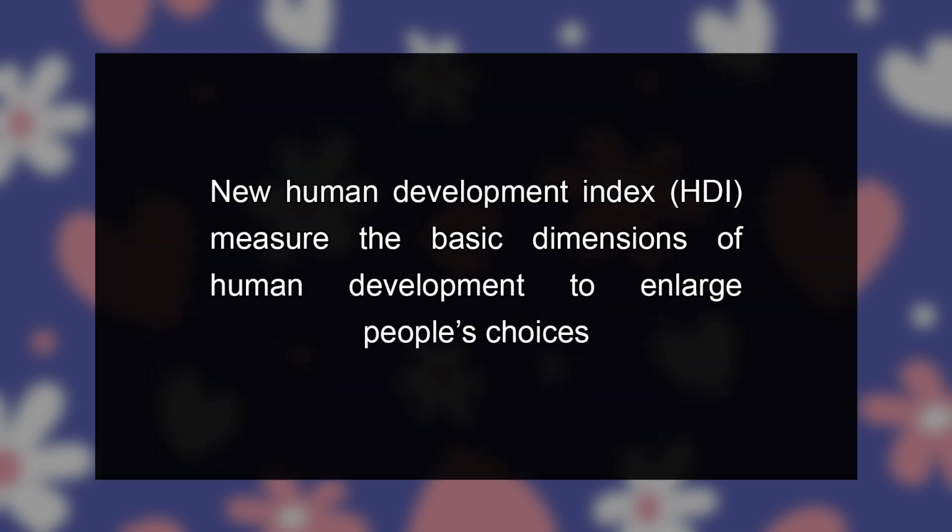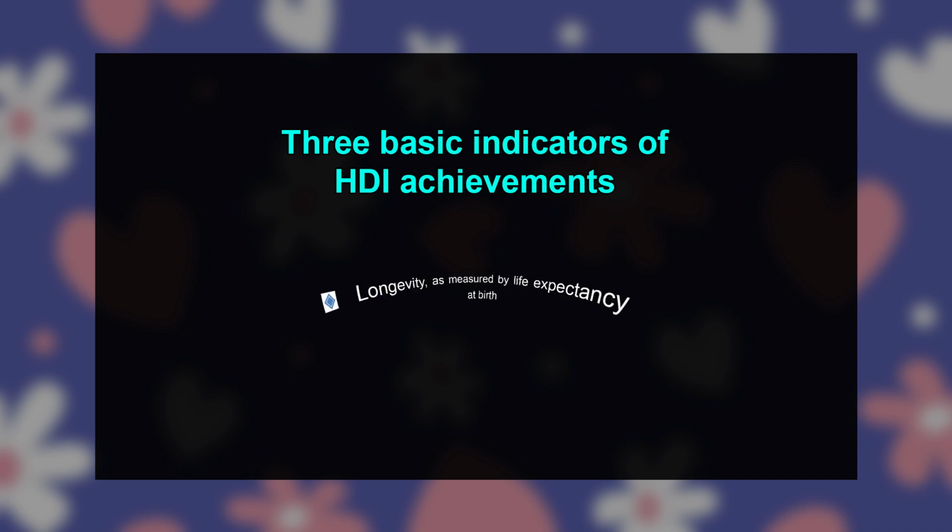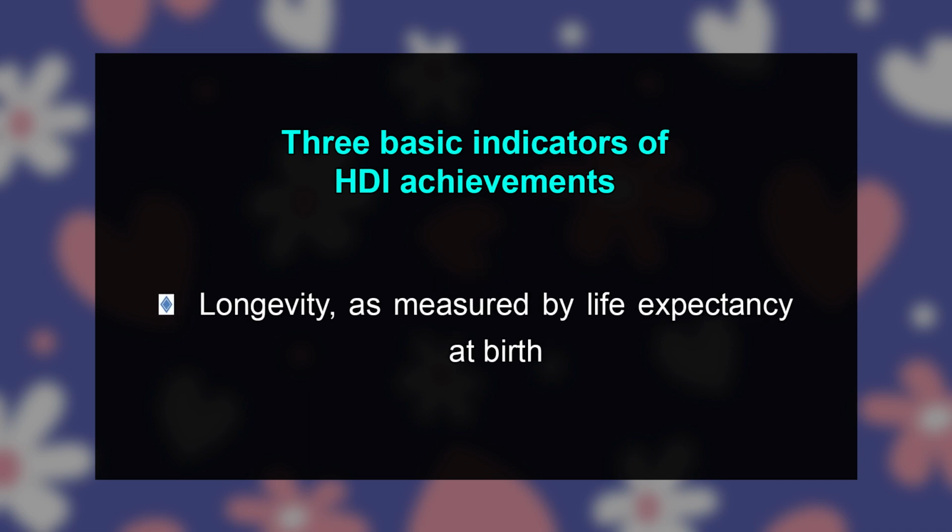The new Human Development Index would measure the basic dimensions of human development to enlarge people's choices. The HDI measures the average achievements of a country and is calculated by taking three indicators. First is longevity, as measured by life expectancy at birth.